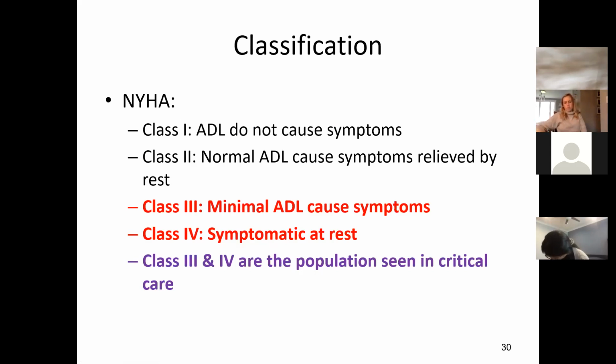The class 3 and class 4 are the population that you will see in acute care facilities. And so class 3 is barely able to do their activities of daily living, and class 4 is the patient who is symptomatic at rest.